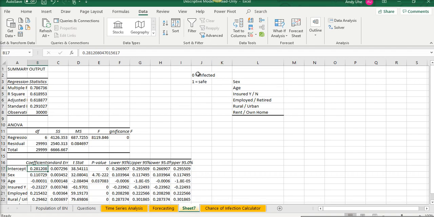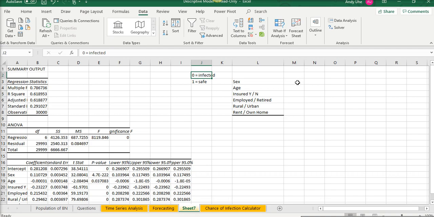And so the way I digitized these numbers was different than how I did it in class. I have 0 being infected and 1 being safe. And so you'll want to be aware of how you digitize the values.